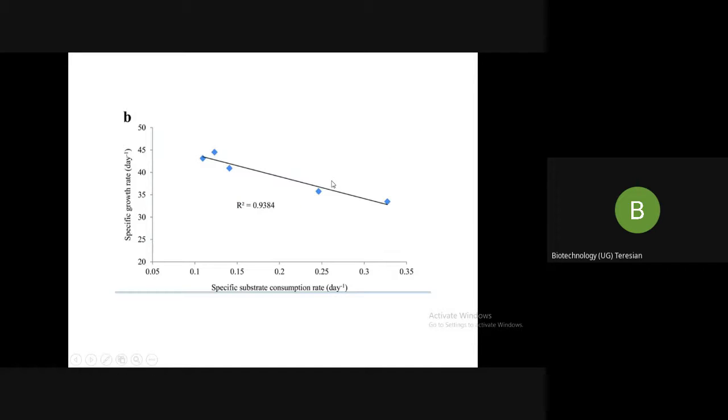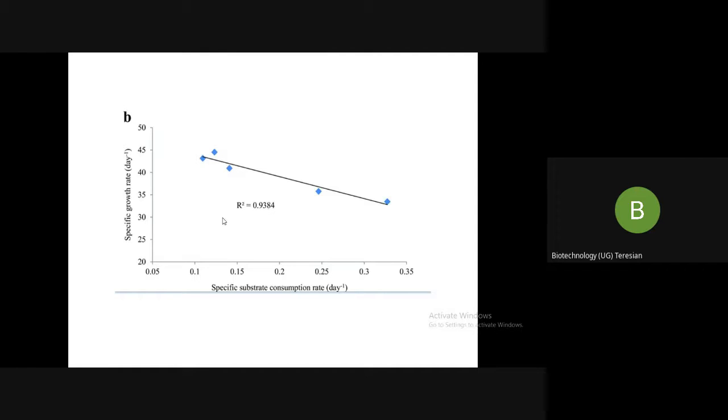Here you can also see specific growth rate per day and specific substrate consumption rate. It also gave a straight line graph with an r squared value of 0.9384. This clearly shows how well the model can fit for this particular experiment.